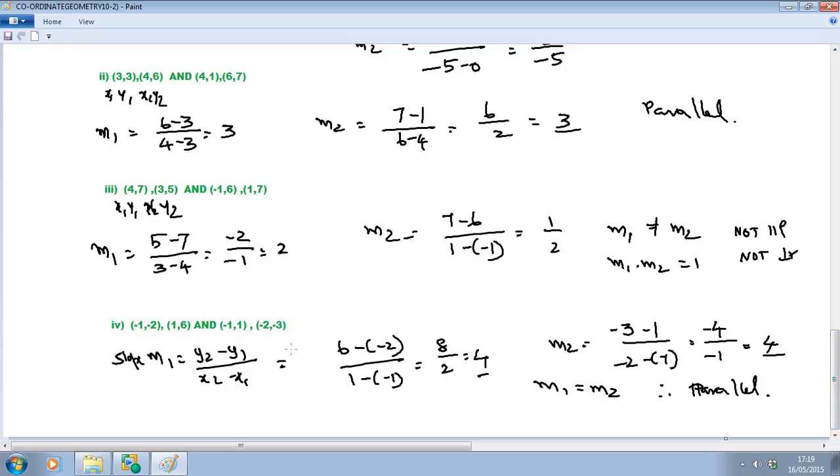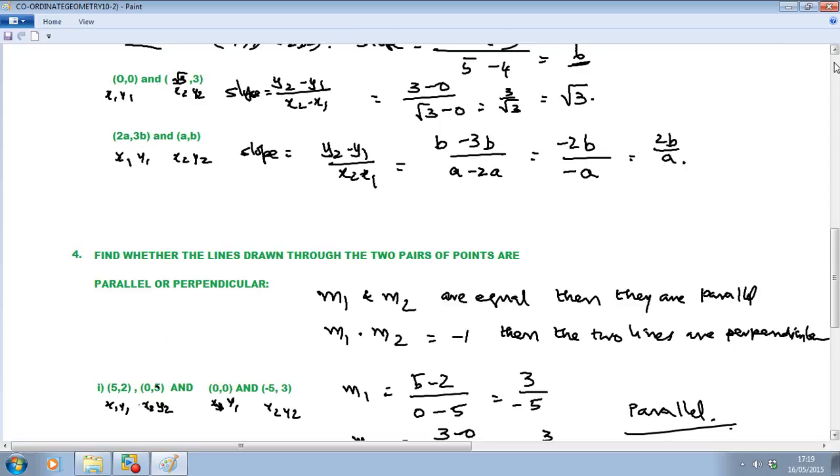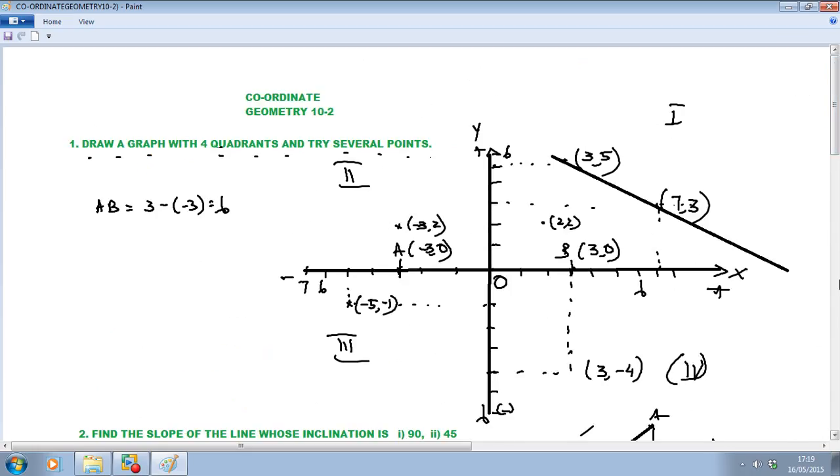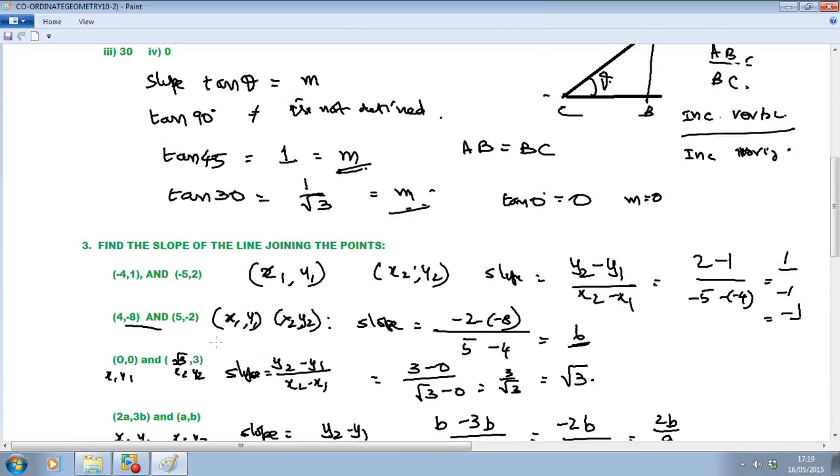So with this we have come to the end of the lesson. We will practice some more problems so we'll be familiar. We can do one more thing. Just take any example, the slope of the line joining points, draw the actual graph and see how these lines behave.